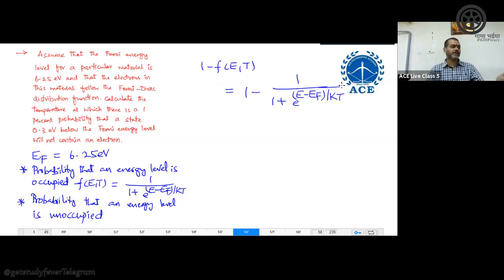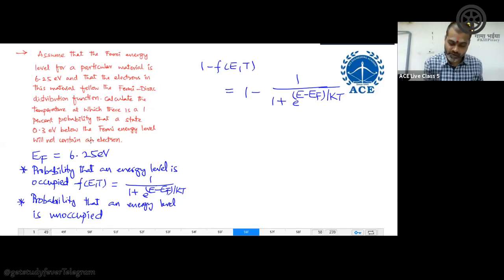On the left-hand side, the problem clearly mentions 1%. Read the question: calculate the temperature at which there is a 1% probability that a state 0.3 electron volts below the Fermi energy level will not contain an electron.